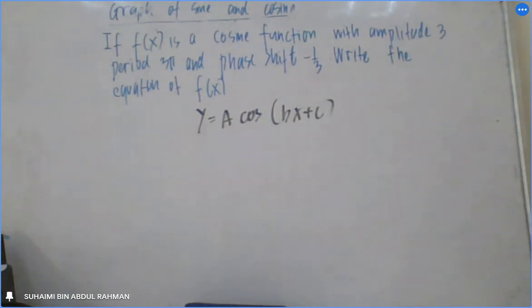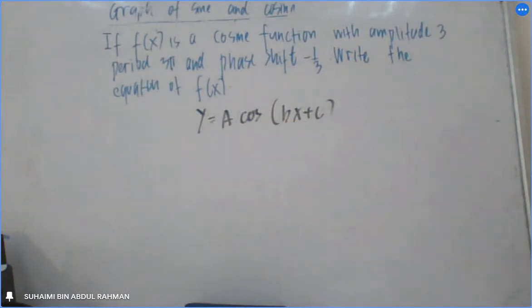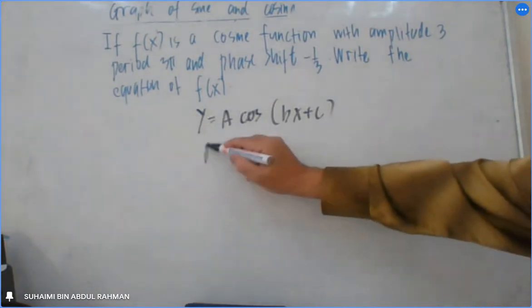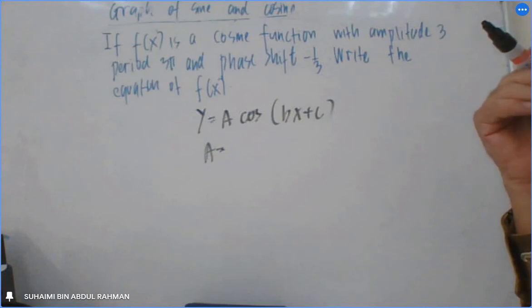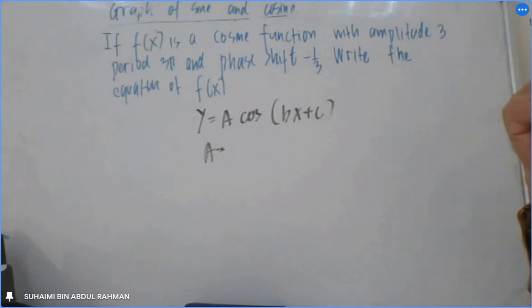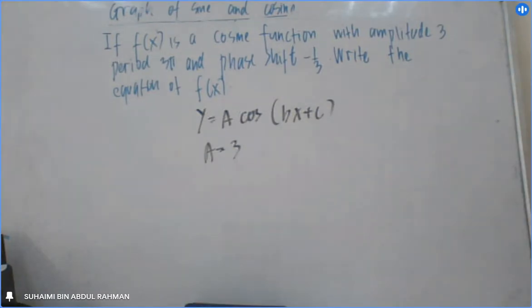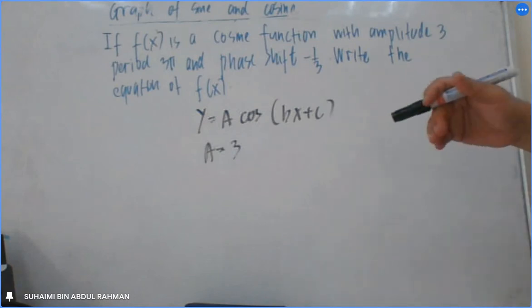We need to know the values of A, B, C. A equal to what? 3. You can see that this question is quite different from the question before, because in this question we need to write the equation, and not find the amplitude, period, and phase shift.